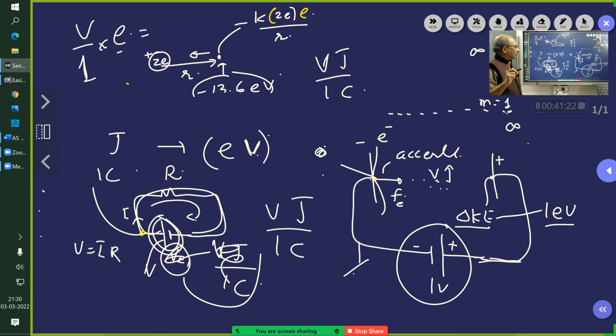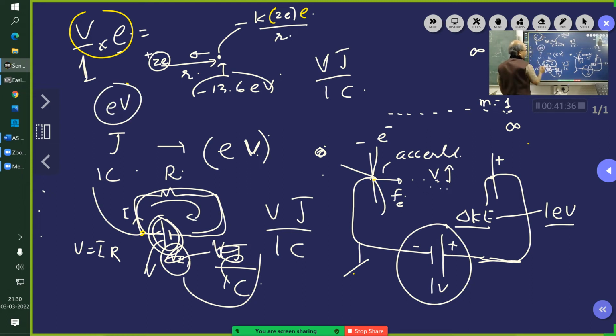So the amount of work done in transporting 1 coulomb of charge is V. Therefore, for 1 electron it becomes eV. That means this battery is expending 1 electron volt of energy to transport an electron around the circuit. So that is another way of looking at it.